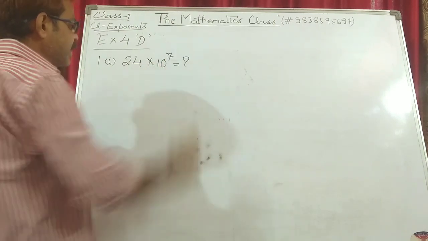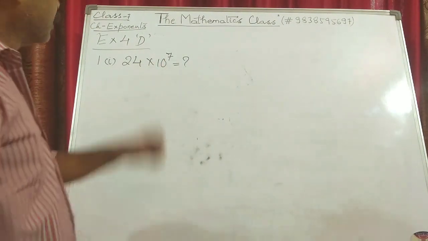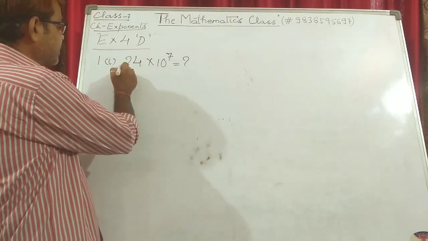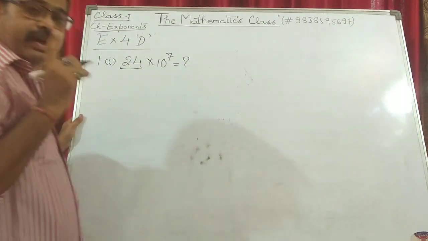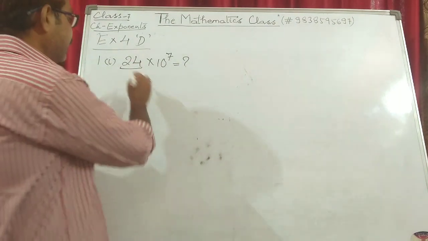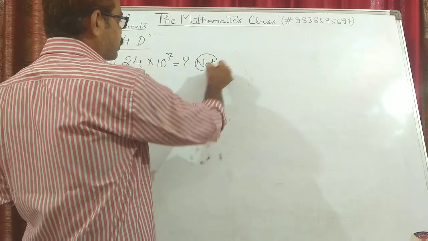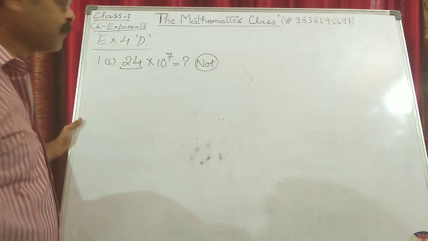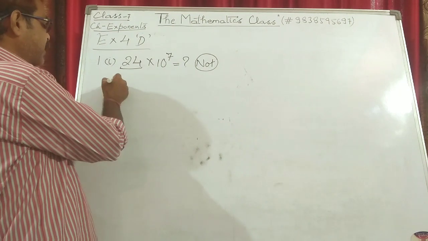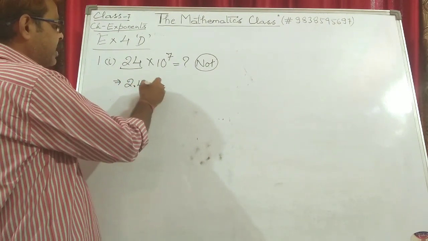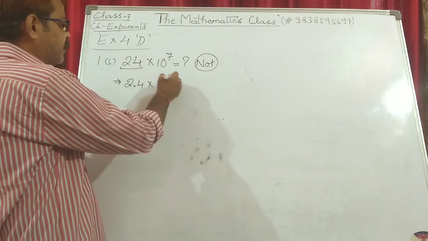Is it in the scientific notation form? What do you say? I told you just now that this number has to be between 1 and 10. It is not in the form of scientific notation according to what we have studied. But to convert it into scientific notation, you can write it as 2.4 into 10 to the power 8.